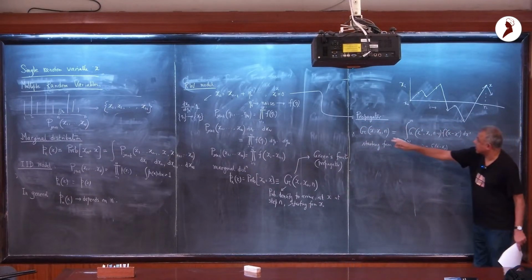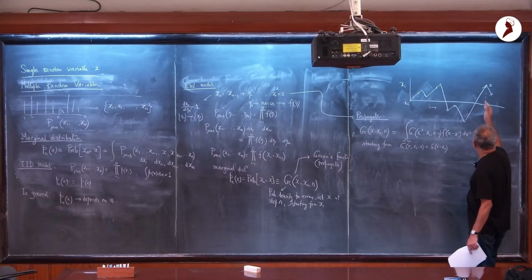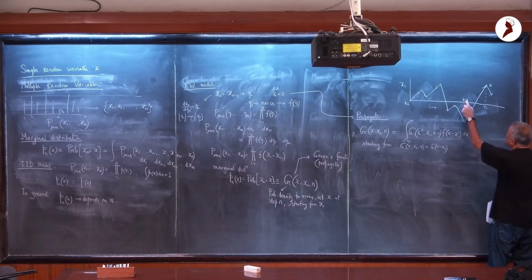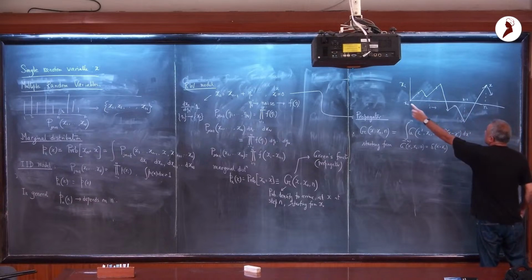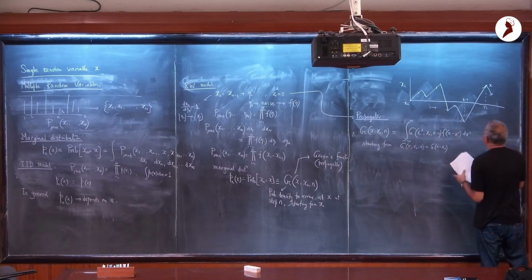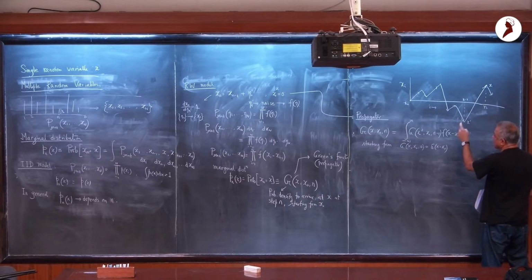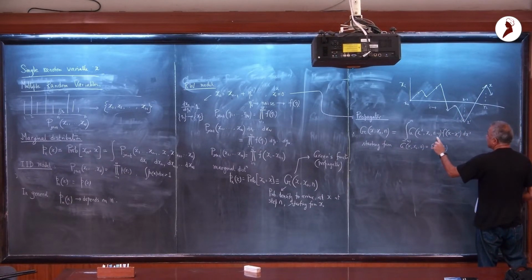So G(x, x_0, n): I go up to step n. Suppose I know where the particle was at step n-1. What is the probability of propagating from x_0 to, let's call it x'? So at step n-1, I was at x', and this is the probability for that.